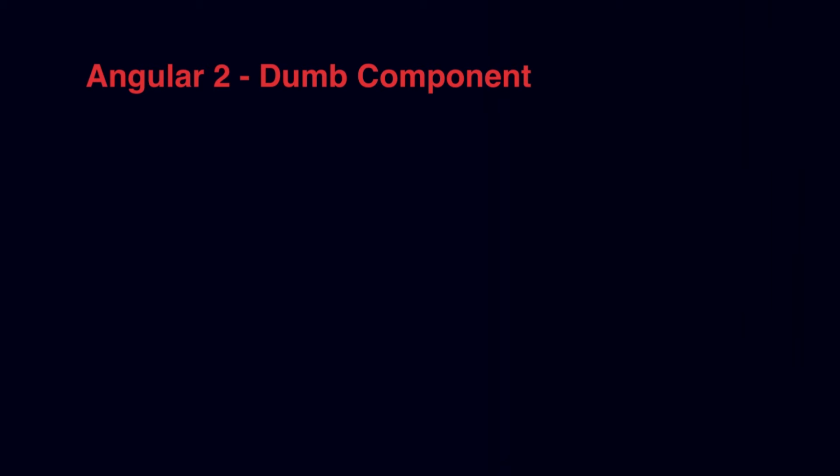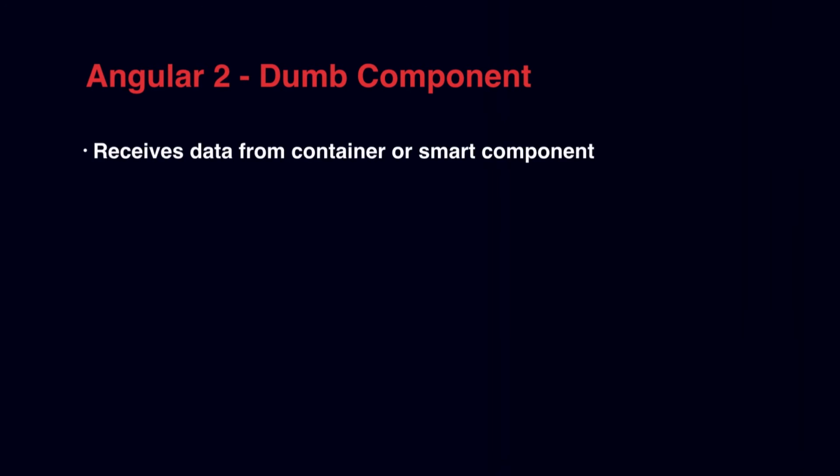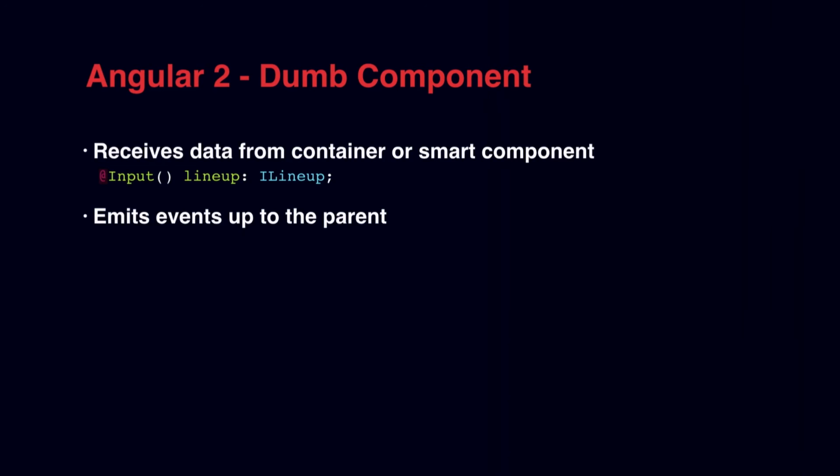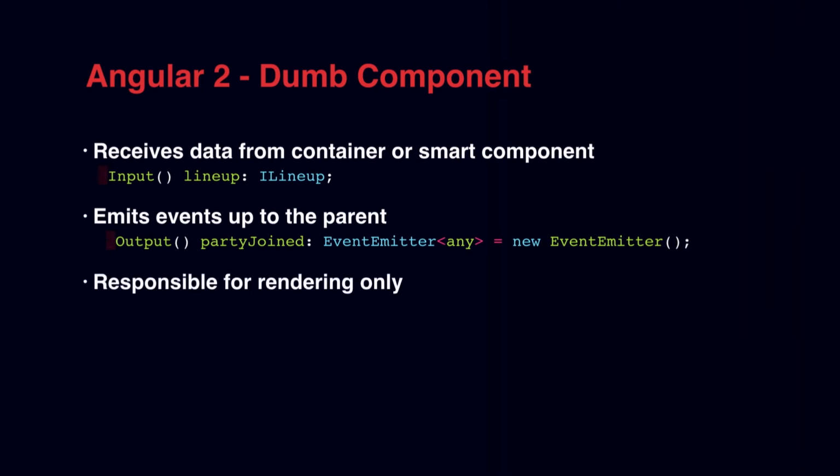If you're doing it right, 80 to 90% of your UI layer will be these things. It's passed data down from a top-level component using Angular's input syntax. When you click on it or do stuff with it, it can emit events back up to its parent using Angular 2's output syntax. And it's just responsible for rendering.